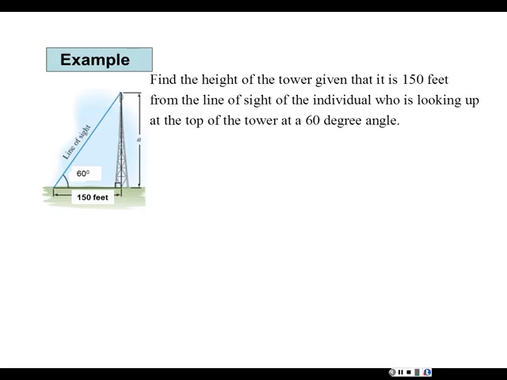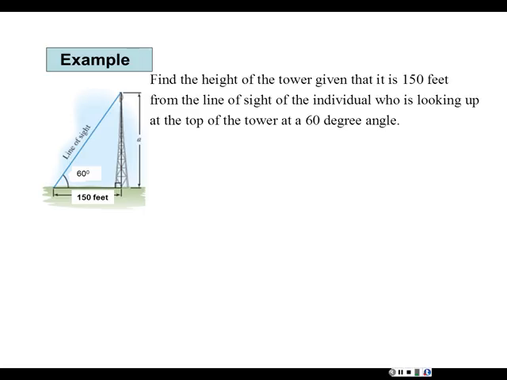Let's write 150, later we'll write the unit. So how much is tan 60? Tan 60 is square root of 3. You can use your calculator, it's up to you.